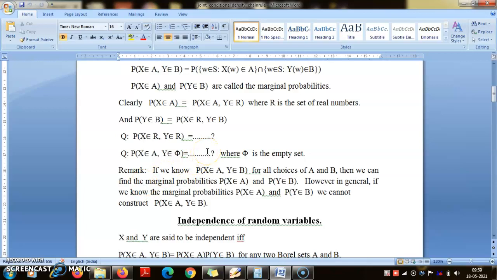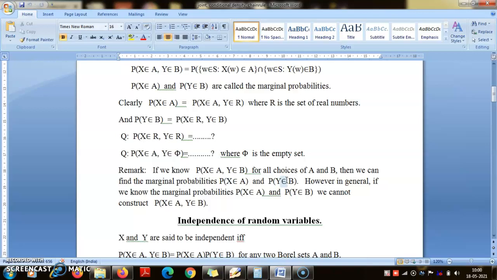Here I will summarize: if we know the probability of x in A and y in B for all choices of A and B, then we can get the marginal probabilities, as I said. However, in general, if I give you all the marginal probabilities, from there we cannot construct the joint probability distribution. If the joint probability distribution is given, we can find the marginal probability: simply sum over or integrate over all values of the other variable.